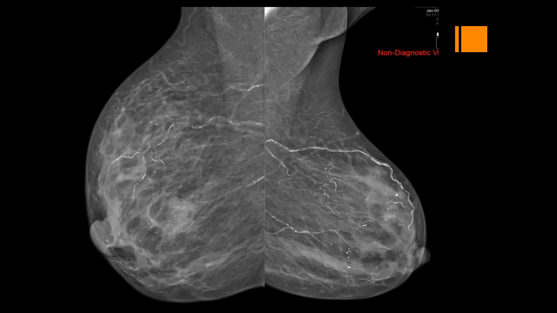Yes, there is a calcification, which is suspicious calcification at the right breast, representing polymorphic calcification. Where is that calcification? At the middle, retroareolar, at the right breast. Okay.